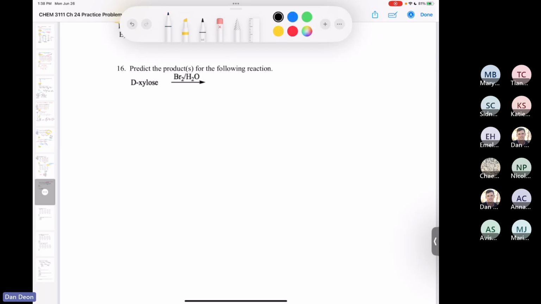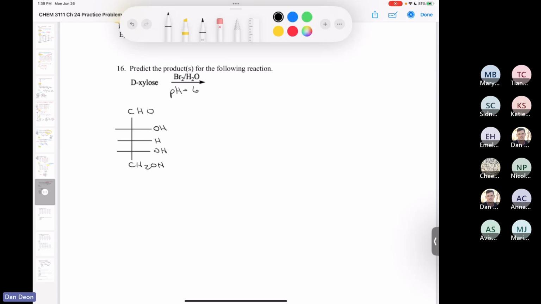And if you remember in my notes in the textbook, it says this has to be done at a pH of about 6 in order to get this to work. And this is the synthesis of an aldonic acid. So we're going to take our aldopentose, which is D-xylose. So let me just draw the structure of D-xylose. Just bear with me here for a sec.